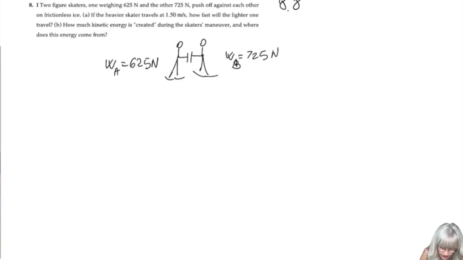They push off against each other on frictionless ice, so the friction is down to 0. Once they push against each other, they move separately, they move away. So this skater moves back, because he's the heaviest skater, at a velocity of 150 meters per second.